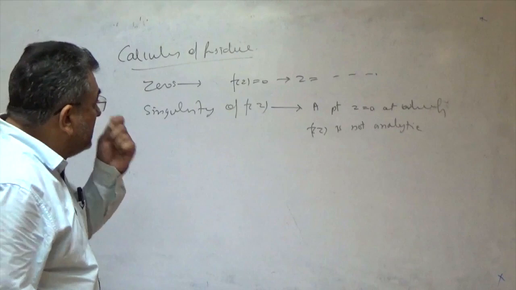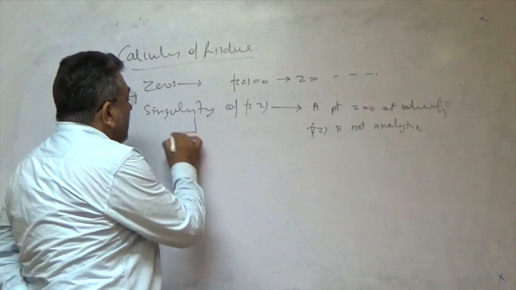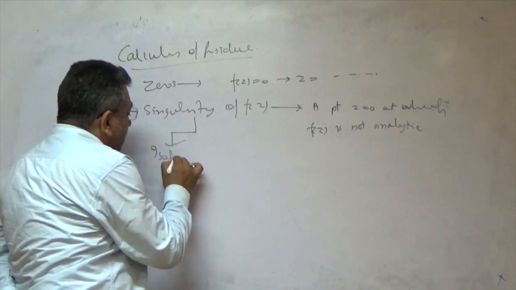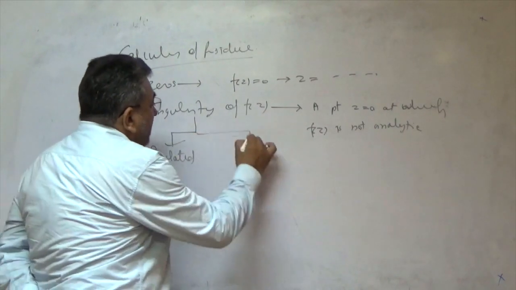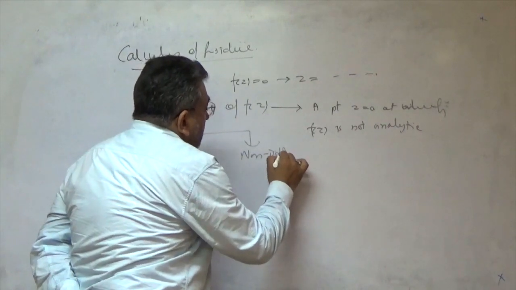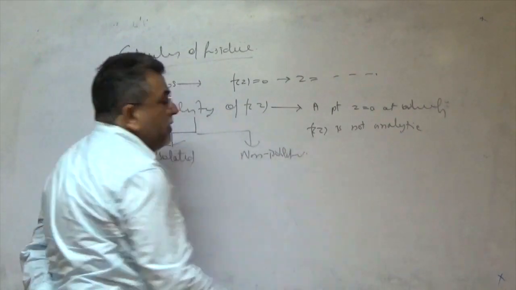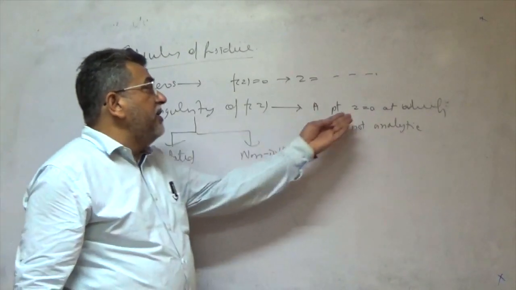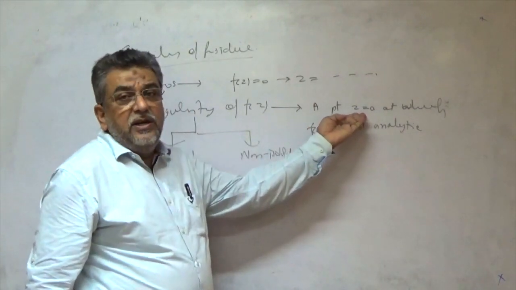And in the last lecture, I told you this singularity is of two types. One is isolated and the other is non-isolated. That depends upon the neighborhood of point a.